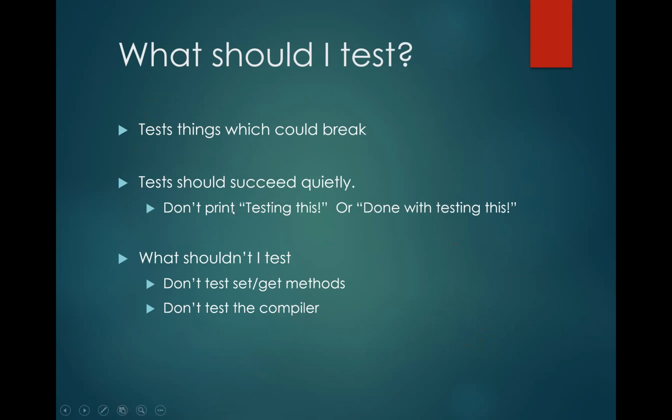It means you don't need to print that this is now testing, or done with this testing. What shouldn't I test? Several places I read just said you don't test the get or set methods. You don't test the compiler, which I guess is what you'd be testing if you tested the set and get methods.